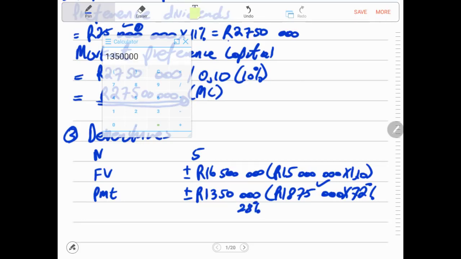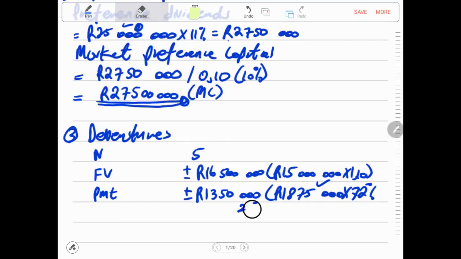So according to us, we are not paying the full amount. There's a tax benefit from SARS. Hence we deduct that 28% and we record only the 1,350,000 rands.